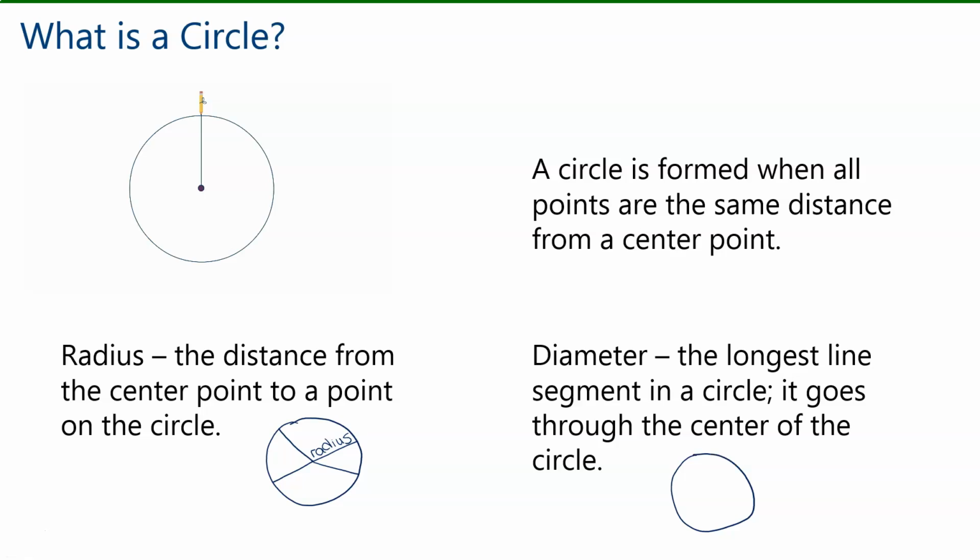Say I have this circle with this center and I draw a line from this point here on the left going right across to the point over on the right and it passed through the center, then I have just drawn the diameter. Now just like the radius, there are many diameters in a circle. I can also draw a line from here, go through the center down here. That's also a diameter. Or even this. So any line that goes from one point of the circle to the other and passes through the center is called a diameter.